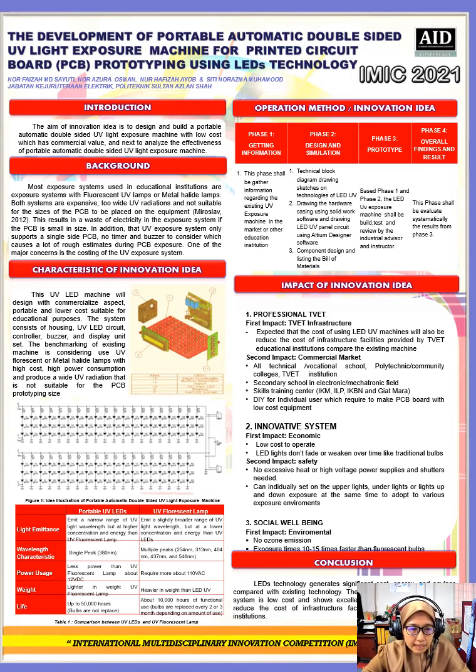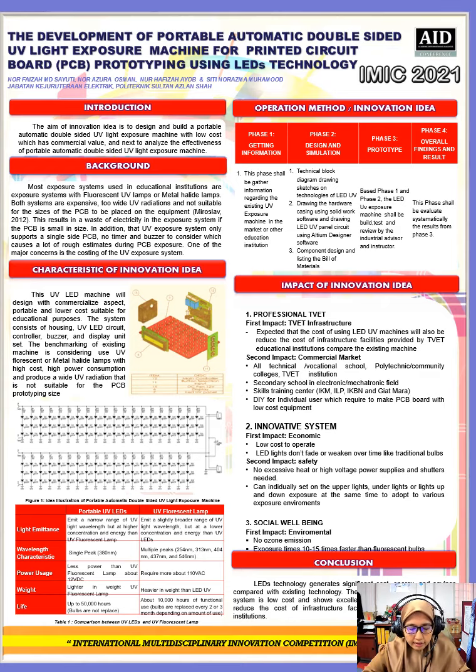From the table, we can see the differences between the portable UV LED and UV fluorescent lamp. We have 5 characteristics: light emittance, wavelength characteristic, power usage, weight, and life. The first characteristic is light emittance.